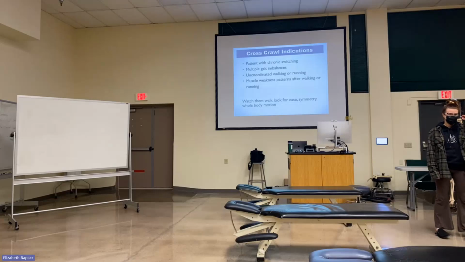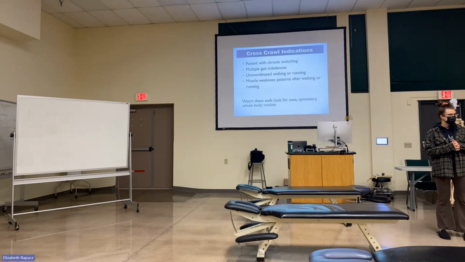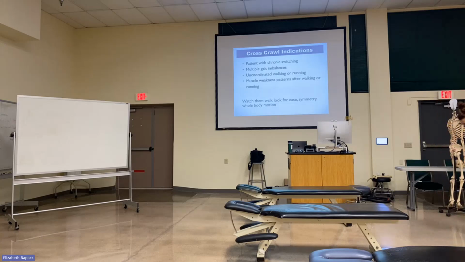Now there's lots of different methods. People do these things like this, and for cognitive, but I have people just do a straight cross crawl, but I make sure they're moving here, and I make sure you're looking straight ahead. Well, you can look back if you want.